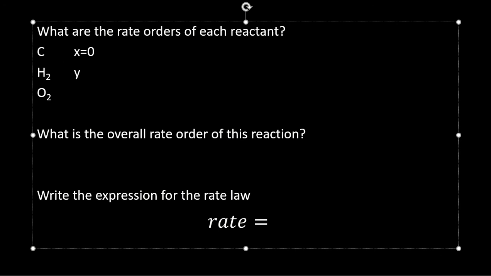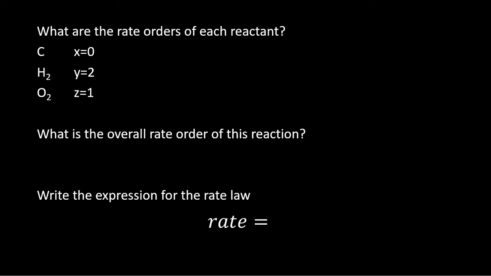For molecular hydrogen, we found that the rate order for that particular reactant was a value of 2. And for oxygen, we found the rate order for that particular reactant to equal 1.